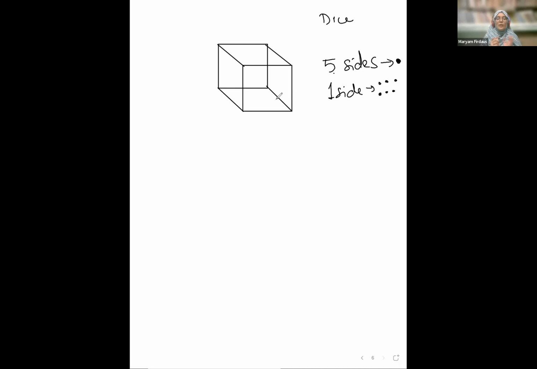Now tell me, just imagine that you have a die like this with you. On 5 sides, there is 1. And on just one side, there's the number 6. So tell me, when you roll the die, which number is most likely to come up?